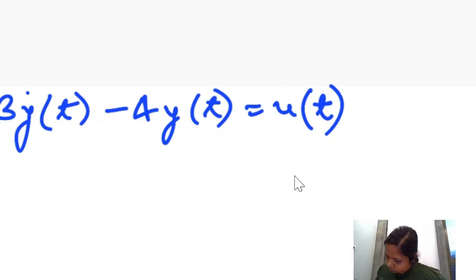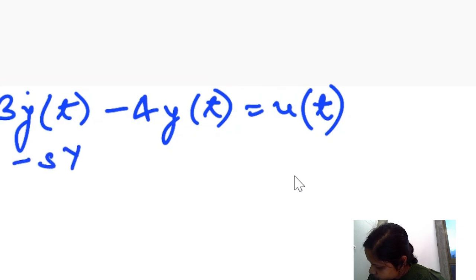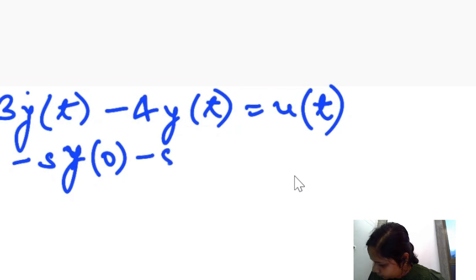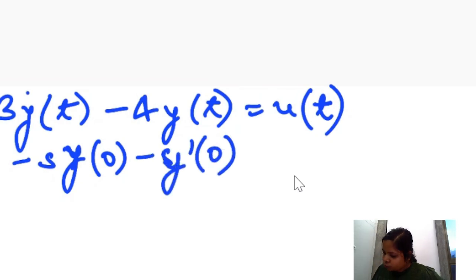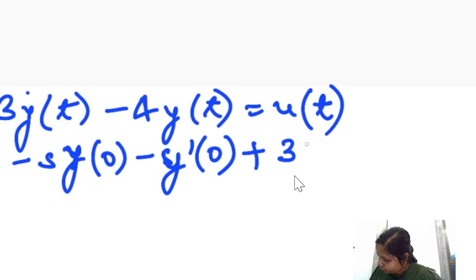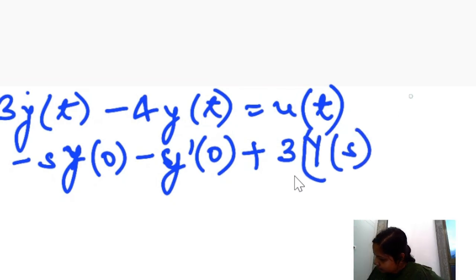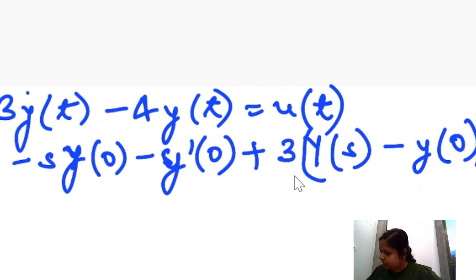s square Y(s) minus s y(0) minus y dash (0), the derivative of y at 0. I'll write the full thing. Then 3 times sY(s) minus y(0), then 4 Y(s), and u(t) is written as U(s).